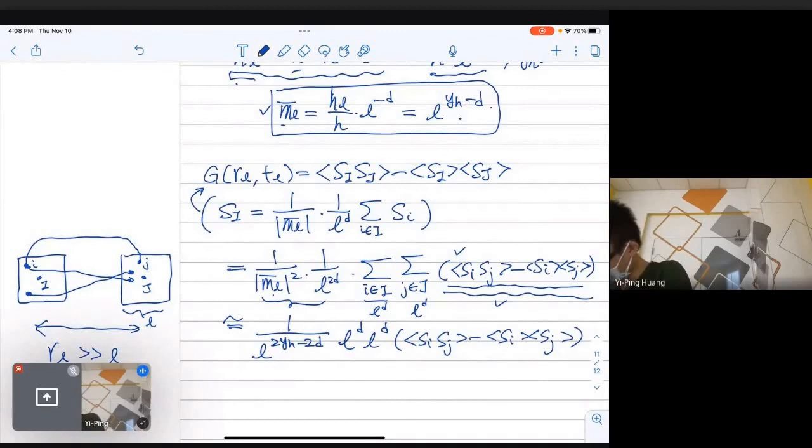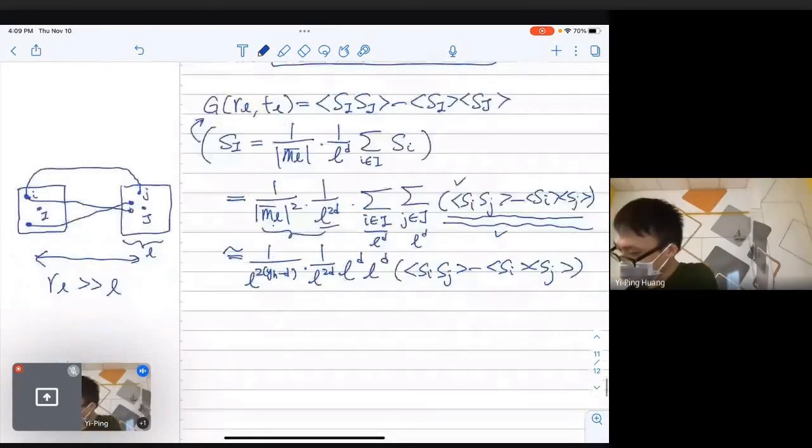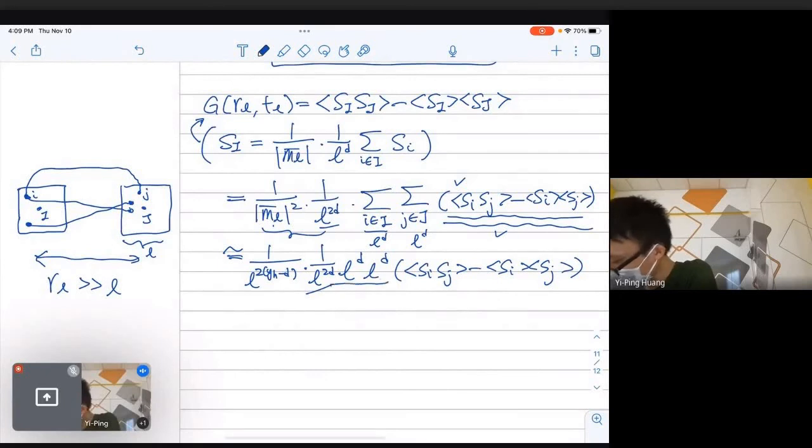Wait a second. No, I think I made some mistake. This is this, so I should have L to the 2y_h minus D. That's the 1 over M_L bar squared. And I still have this L^(2D) here. So now, if I collect those powers of L correctly, this will be cancelled.